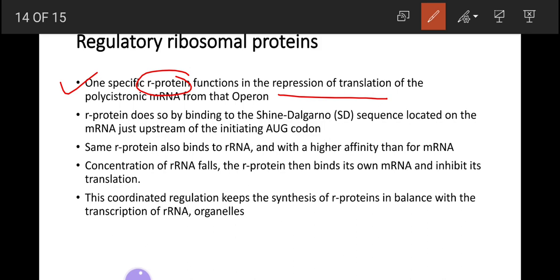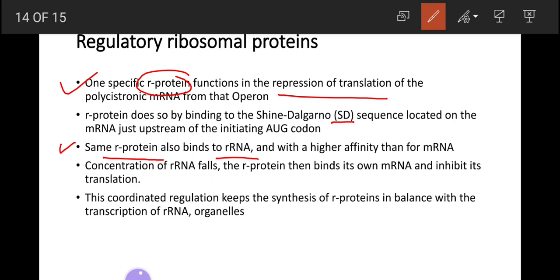Ribosomal proteins do so by binding to the SD sequence, the Shine-Dalgarno sequence, located on the mRNA just upstream of the initiating AUG codon. Some ribosomal proteins also bind to the ribosomal RNA. Ribosomal proteins bind to the ribosomal RNA with higher affinity than to mRNA.